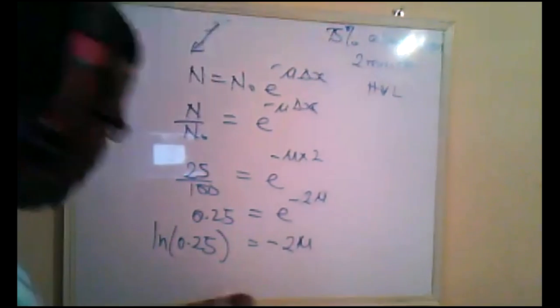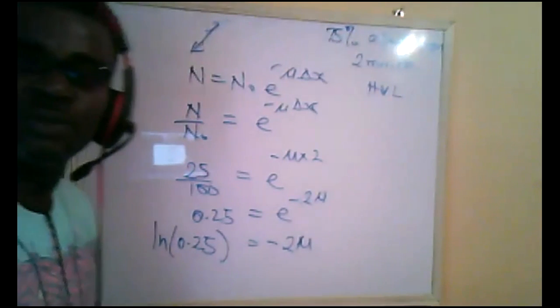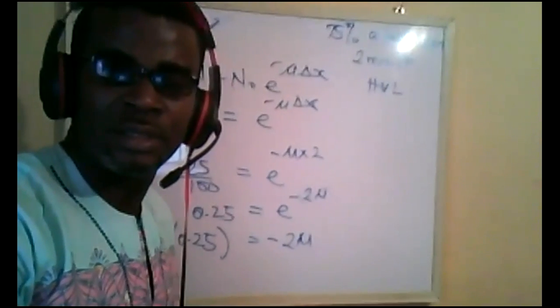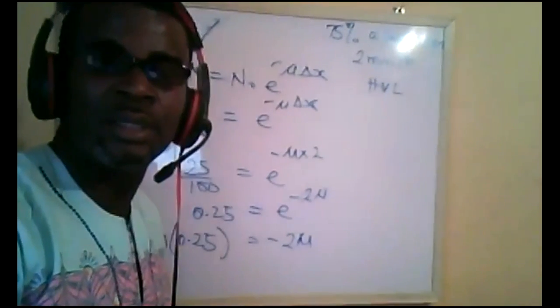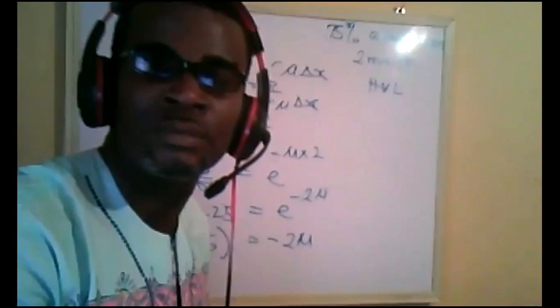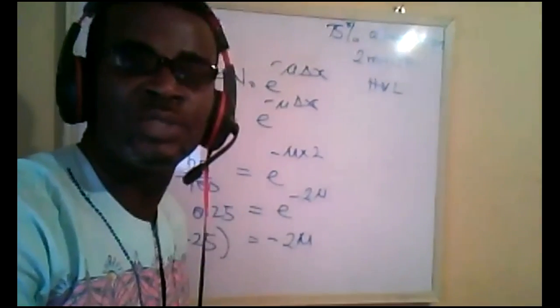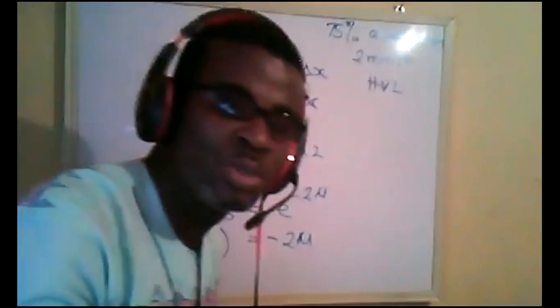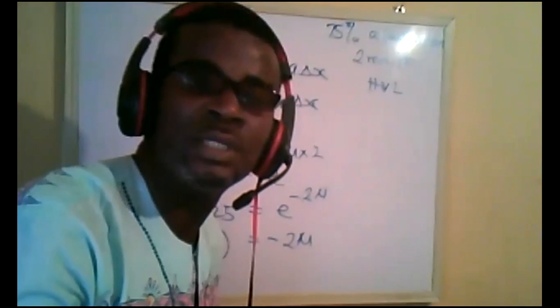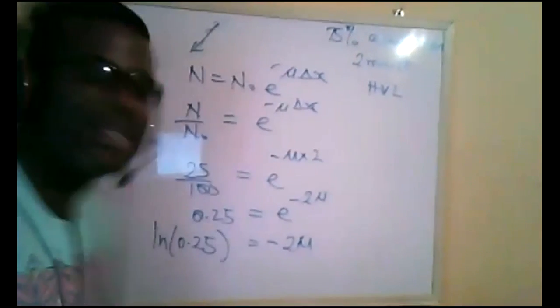So what's the natural logarithm of 0.25? I'm going to use a calculator quickly. I have a calculator on my screen. Natural logarithm of 0.25 is minus 1.39.